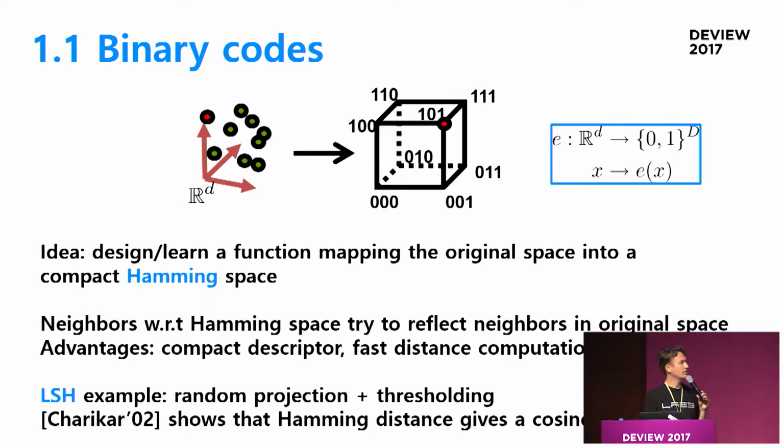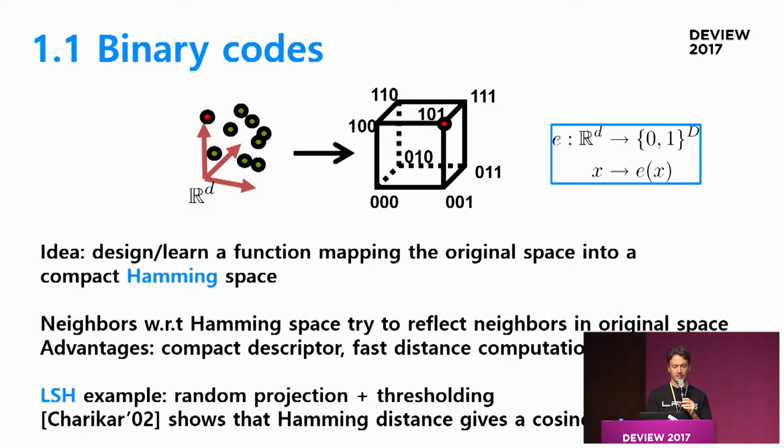Maybe the best known example of a binary encoding technique is LSH, for locality sensitive hashing, which involves random projection of your data onto Gaussian random dimensions, and then some thresholding. If, for instance, your projection exceeds 0, then you can set the bit to 1, and if it's below or equal to 0, you set the bit to 0.